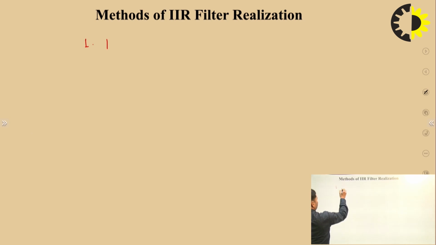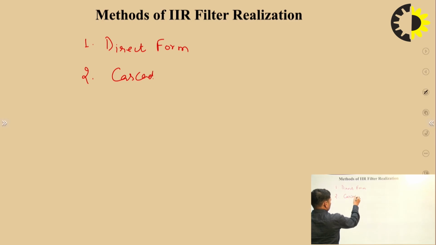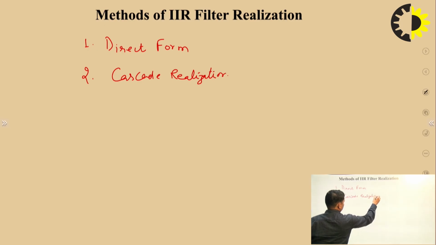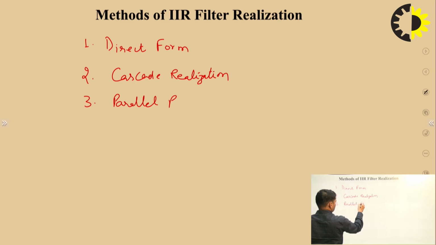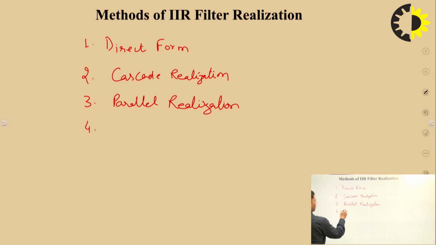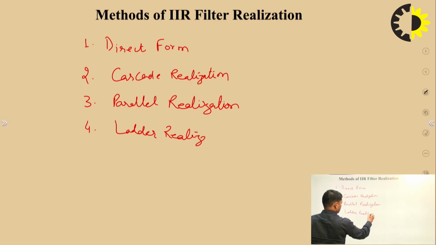The first one is direct form realization, the second is cascade realization, the third one is parallel realization, and the last one is ladder realization.